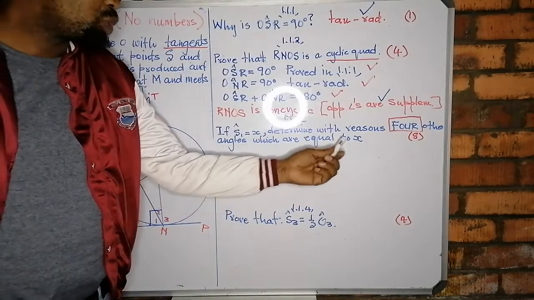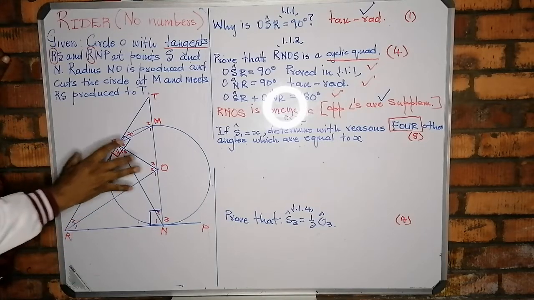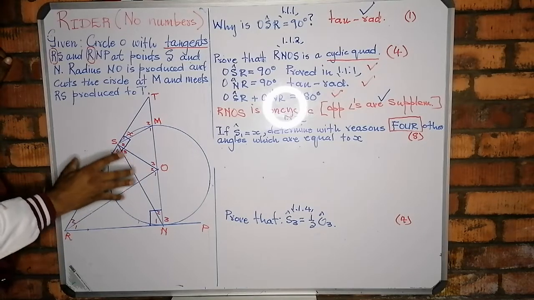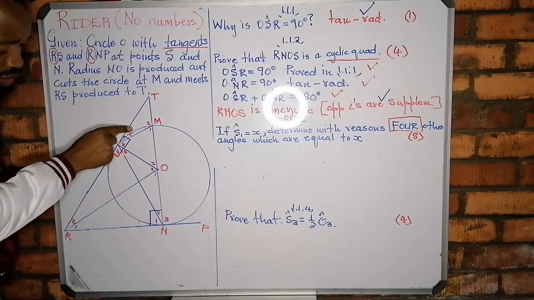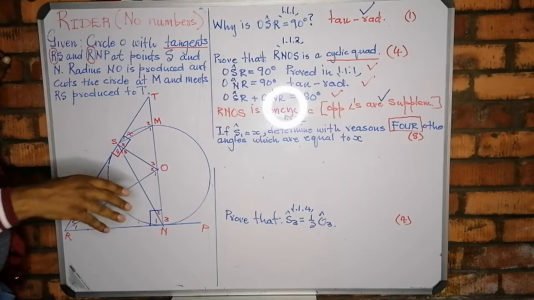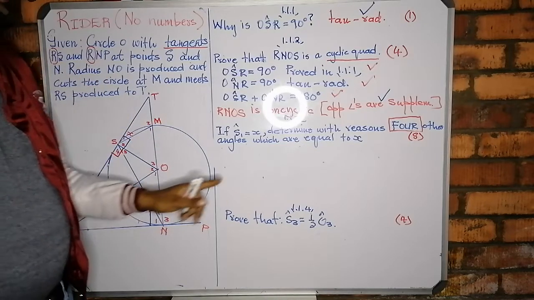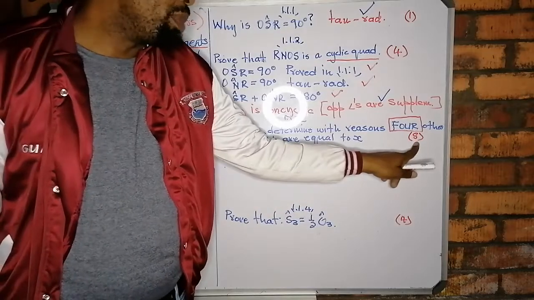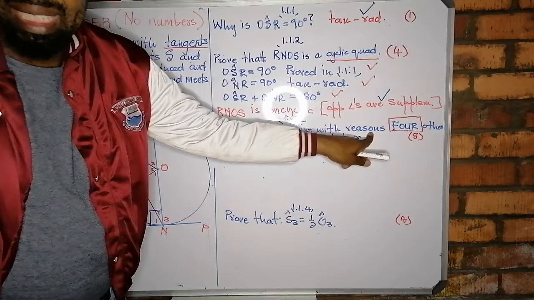Guys, you see in this diagram, there are 4 other angles which are equal to that angle. They can even be more than 4. Now, for how many marks? 8 marks. Why? With reasons.